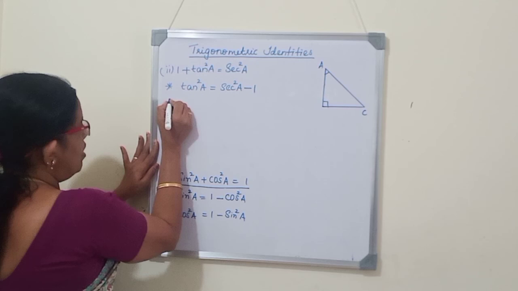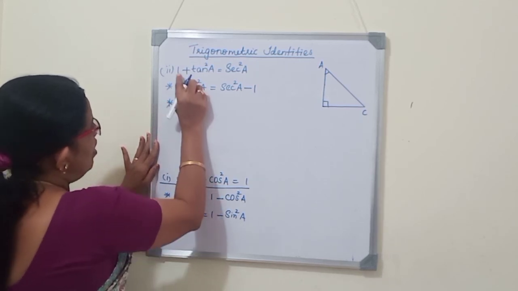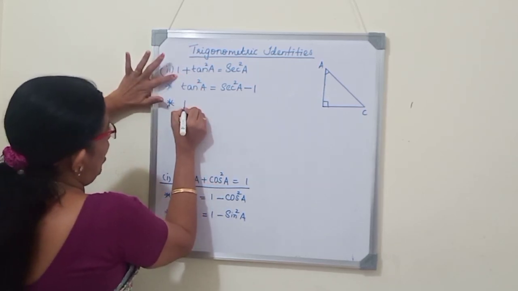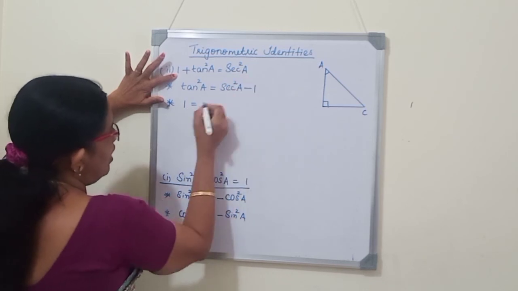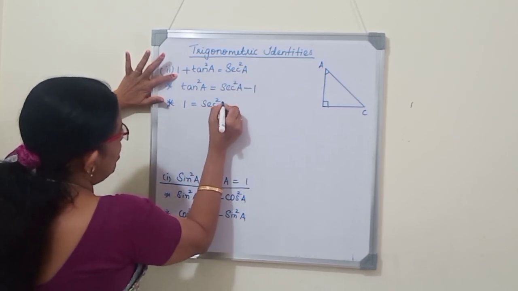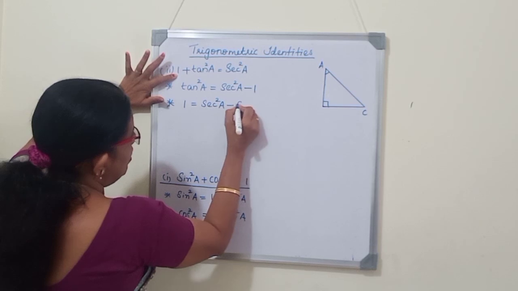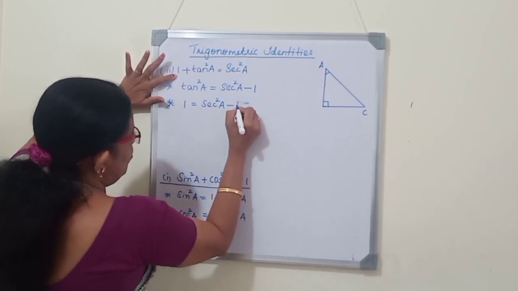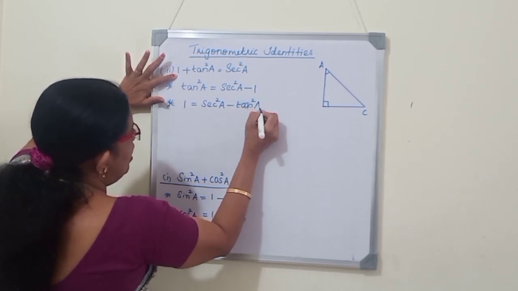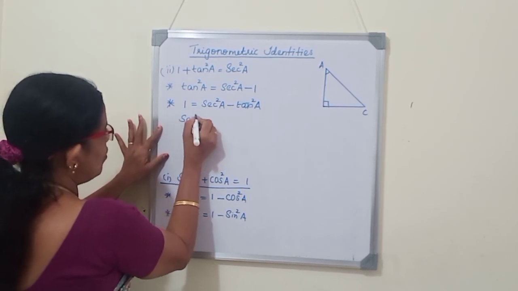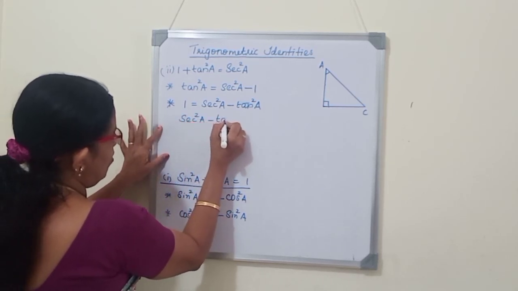This is another formula. One more: if we keep 1 as it is, 1 is equal to sec square A, taking tan square A to the right side. So once again I'll write sec square A minus tan square A equals 1.